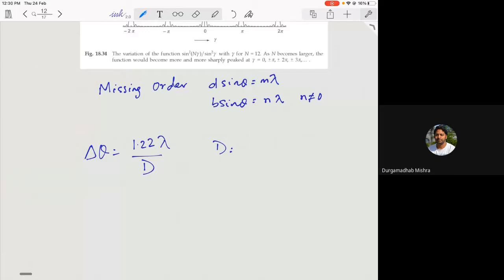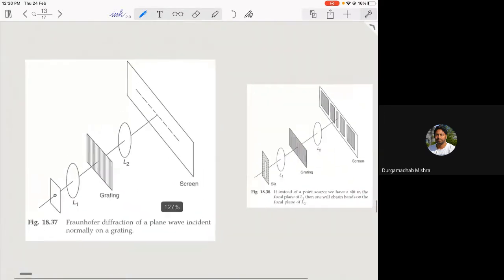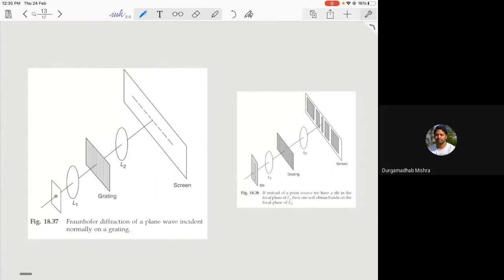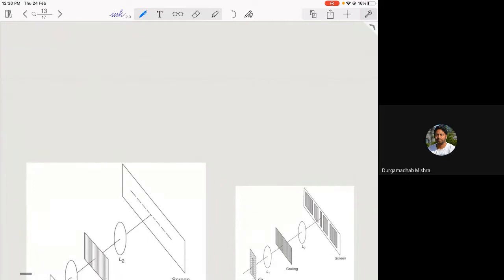When we talk about crystals, when we talk about solids, any material is made up of atoms. Before that, I wanted to show you a situation. Here we have a grating. You can define a grating by its grating element. Let's say you have 15,000 lines per inch.